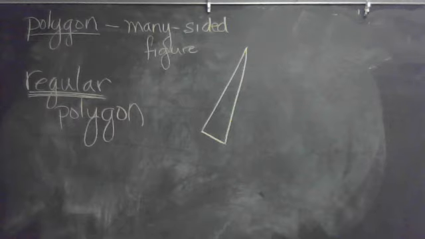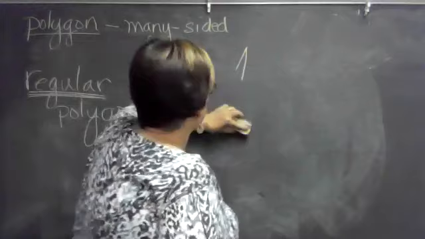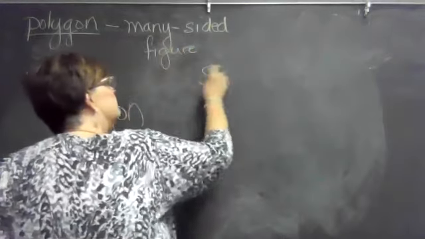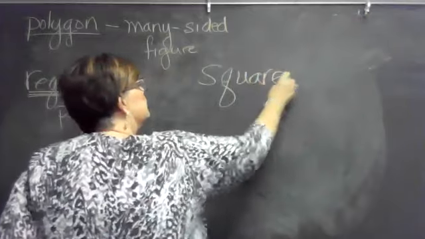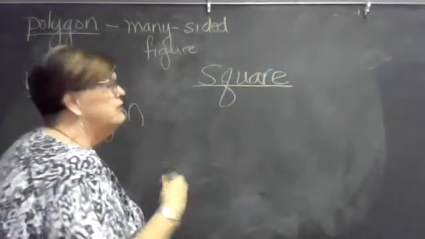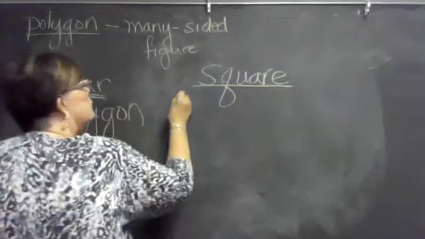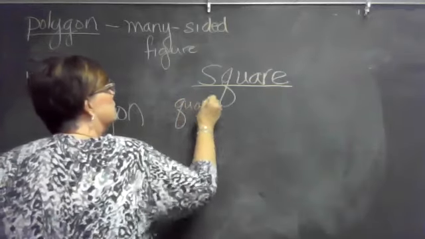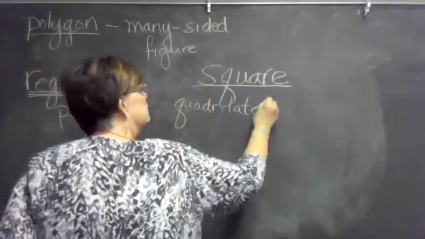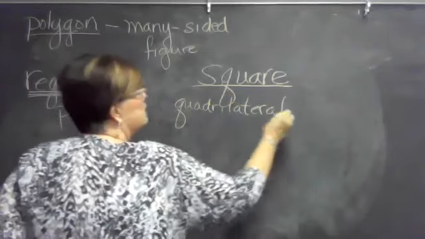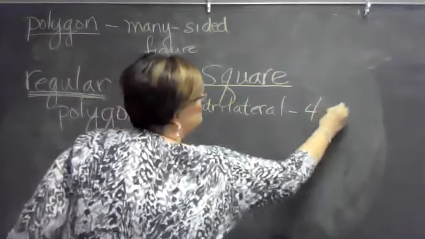Let's write it up here. A square is very special. So you said so far, different names for a square could be a quadrilateral, because it has 4 sides.